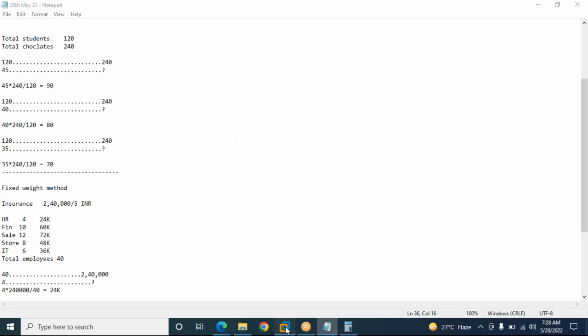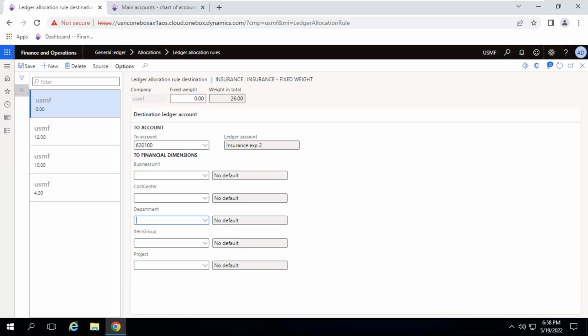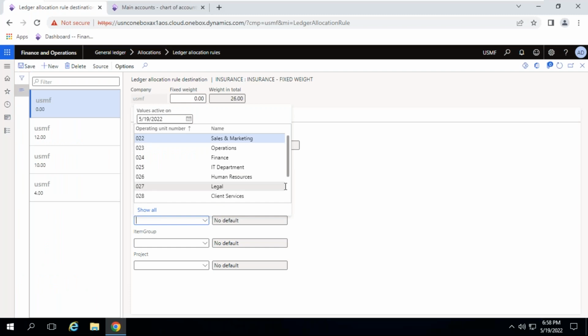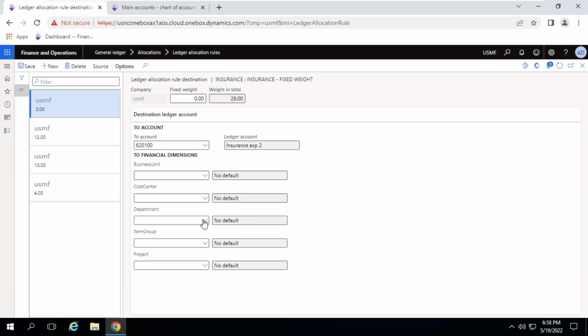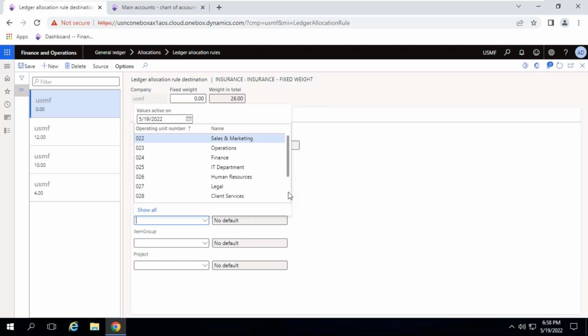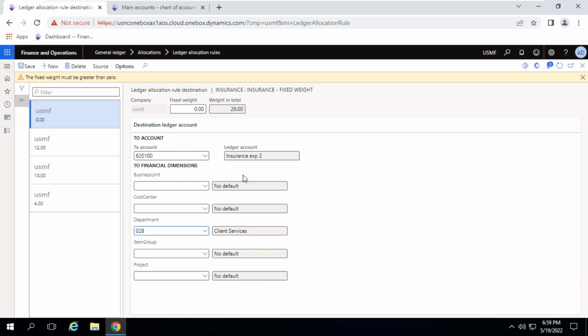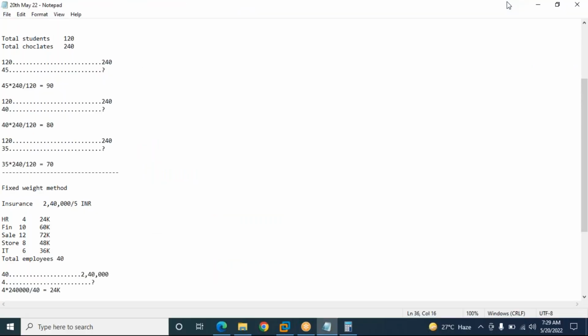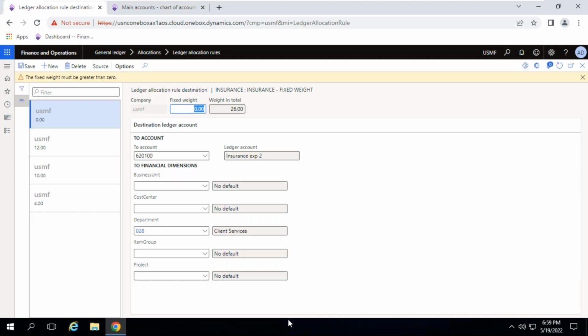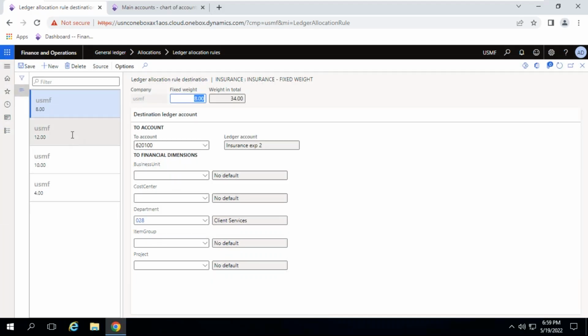Next, stores department. So I don't know whether stores department exists or not. If not, I will select any other one. Suppose client services, something, no problem. Okay, so here, how many people are there? It is eight members. Okay.